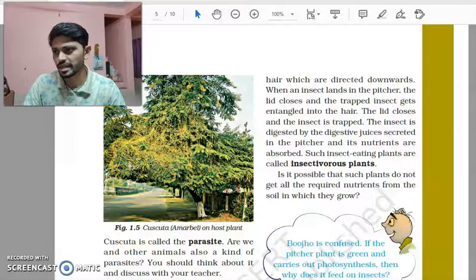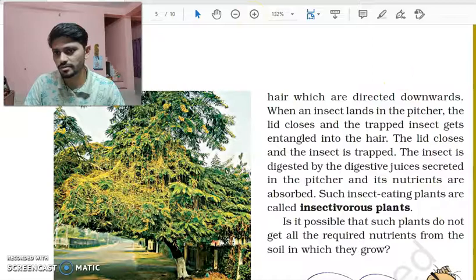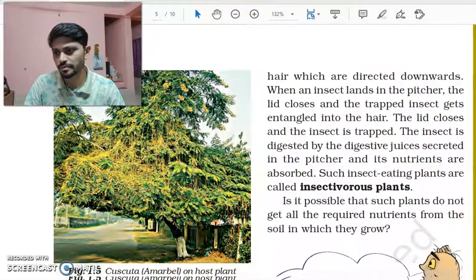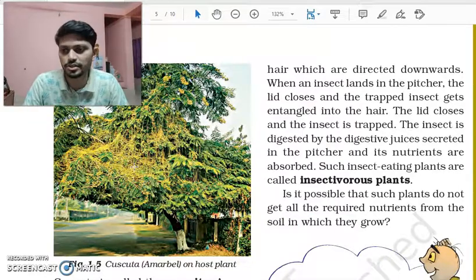So here we have an image of this plant Cuscuta, and as you can see, the entire yellow part which you can see in this image is actually this plant Cuscuta.